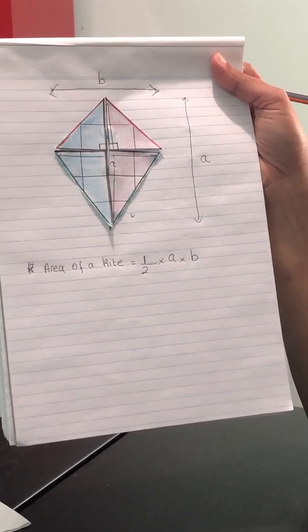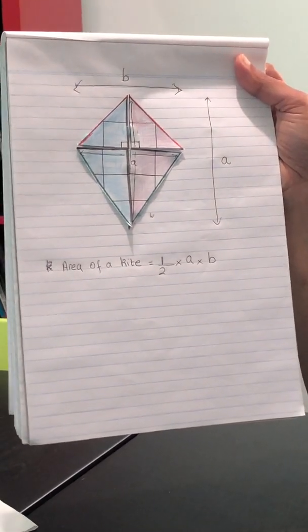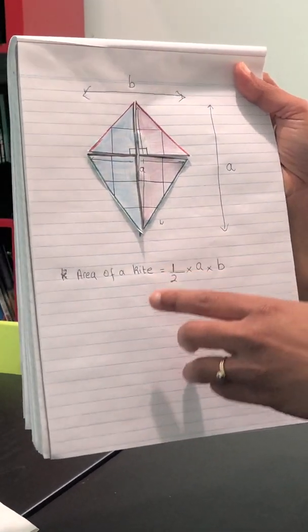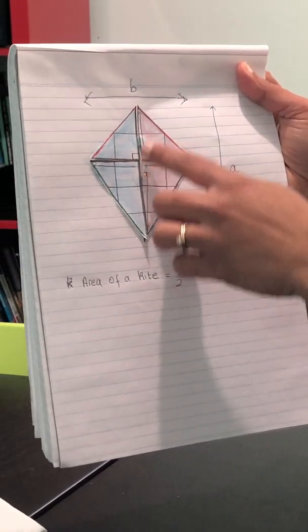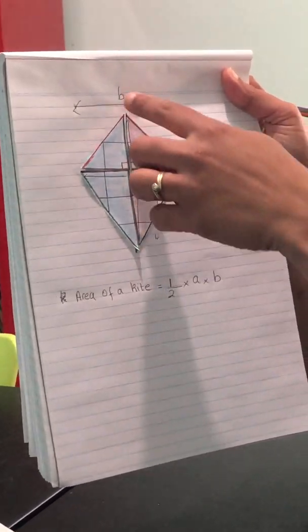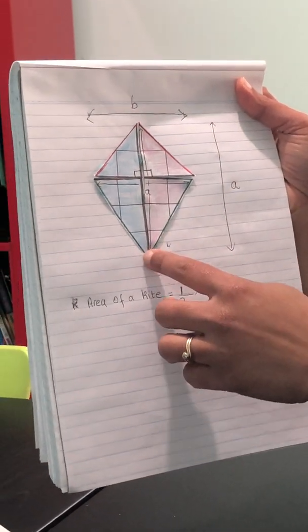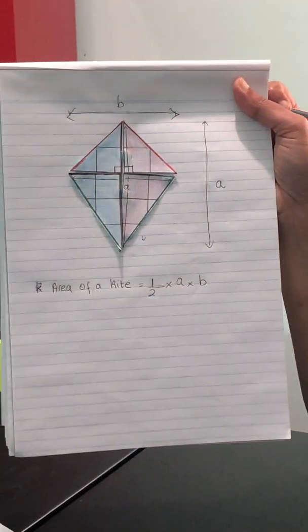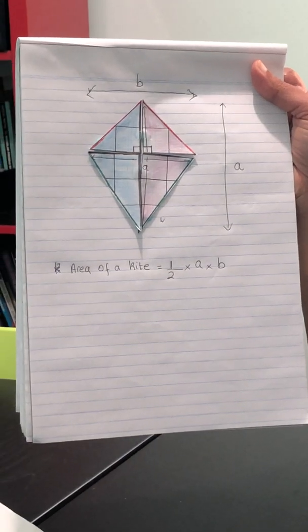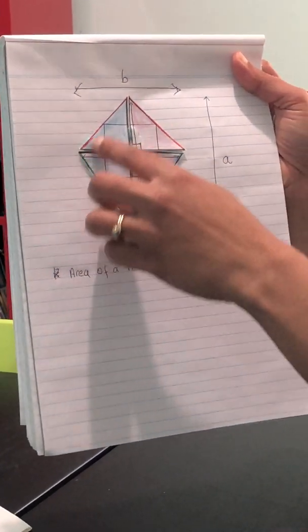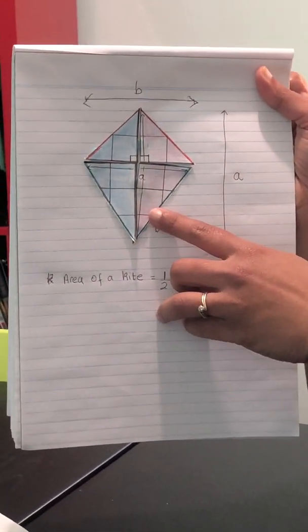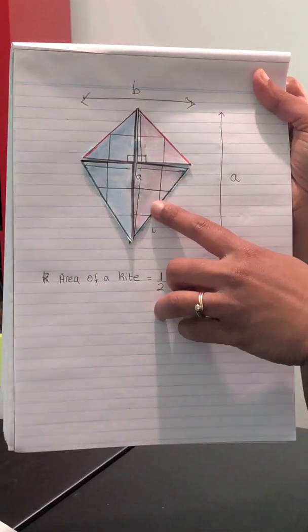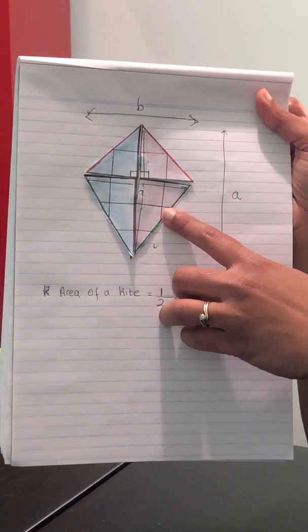Why does this rule work? Let's have a look. You can see that we can make use of a pink triangle over here and a blue triangle. Now, the pink triangle and the blue triangle are congruent, or exactly the same size and shape.